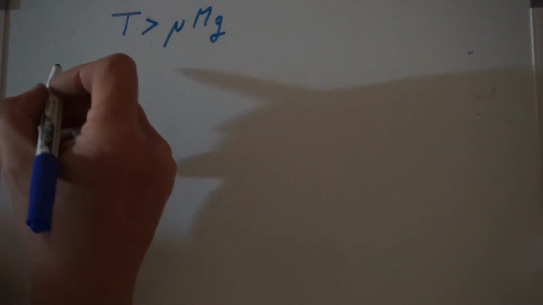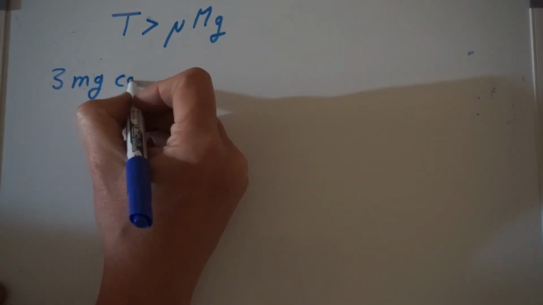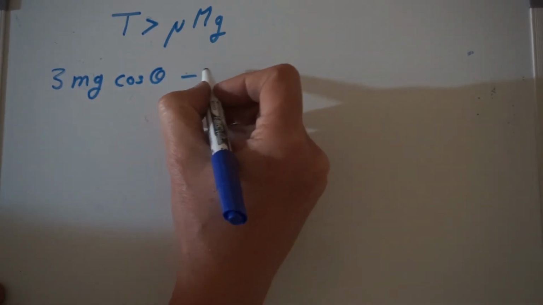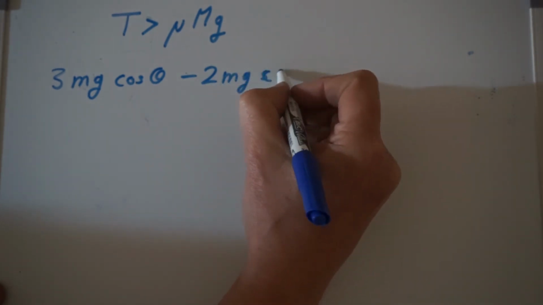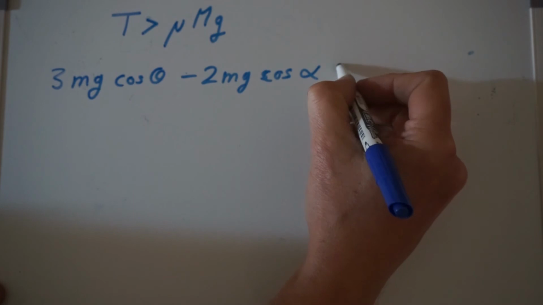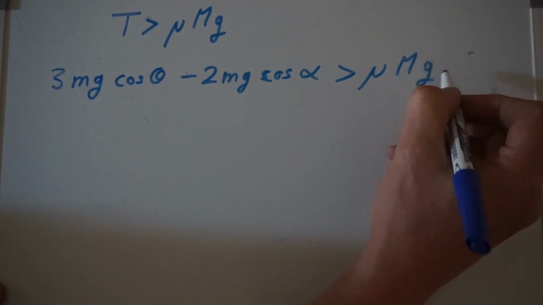For the block to slide, the tension must be greater than mu Mg. Using our expression for the tension, 3mg cos theta minus 2mg cos alpha, we arrive at this inequality.